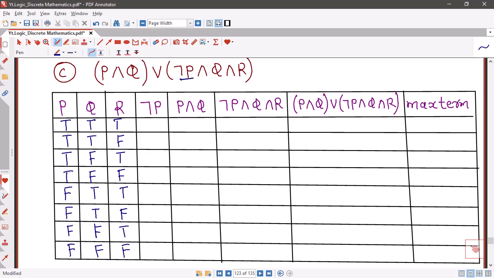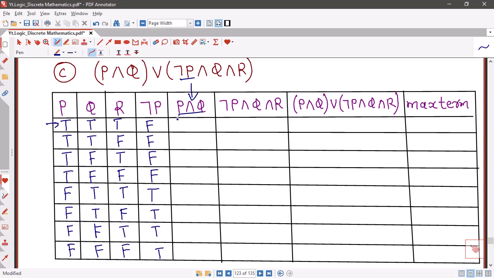Then we require negation p, so we write that first. Here p is true for the first four cases, therefore negation p is false for the first four cases, then true for the last four cases. Here we require p and q. We know that p and q is true if both are true, otherwise it is false.